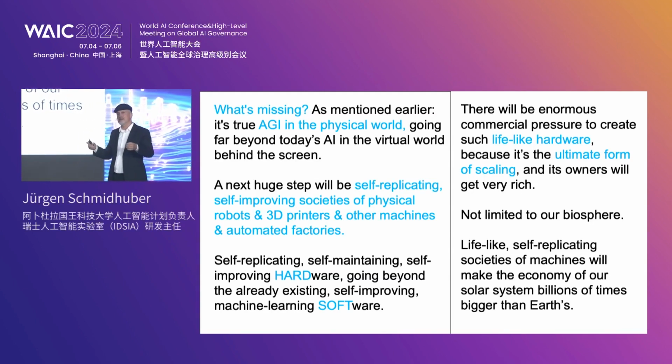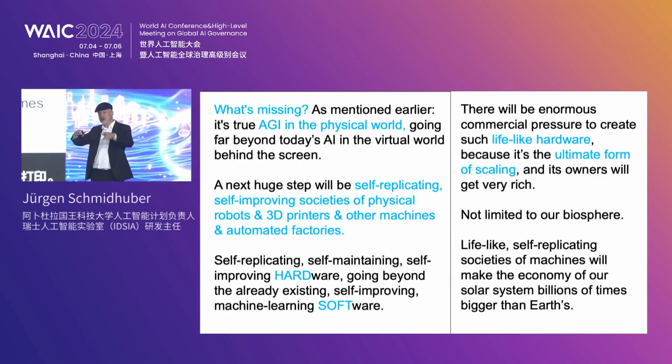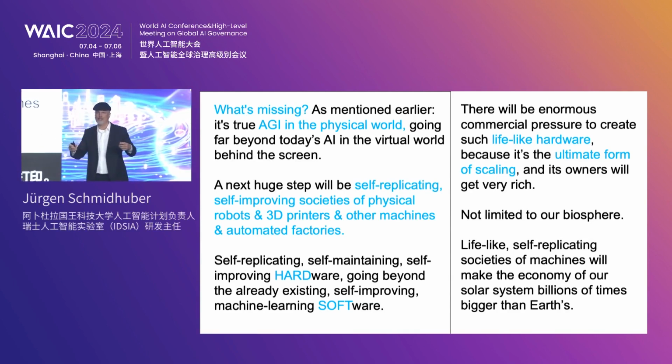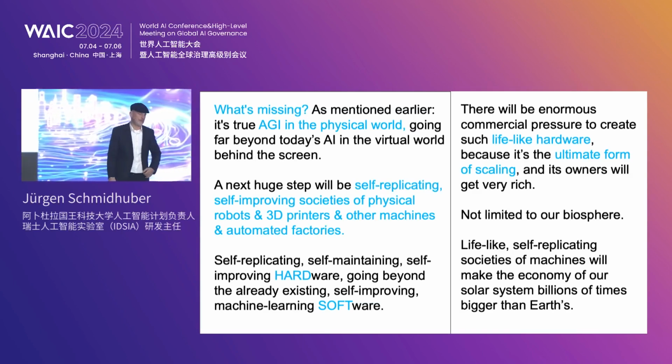So it doesn't need a genius to see a future where a whole collection of machines and 3D printers and robots and machines that repair the robots and all that stuff, at some point won't need humans any longer to make a copy of themselves.